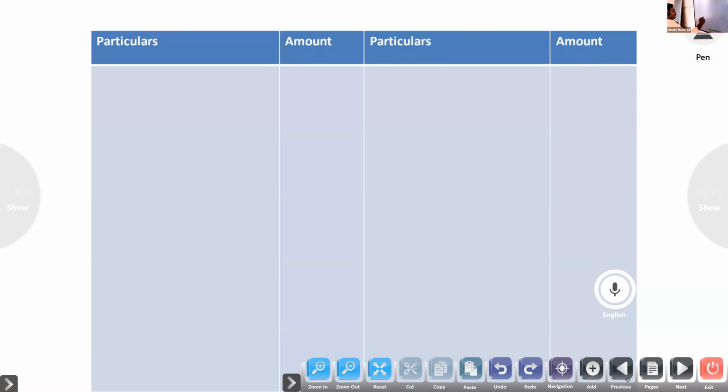So we will do the sixth problem. Then you look whether you are getting it or not. If you are not getting it, you have to study every format.